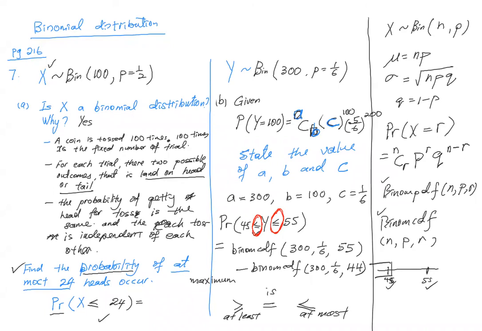Binom PDF or binom CDF? Binom CDF. Yes, binom CDF, you're right. So N, P, R. Because there is an equal, so it is included. So binom CDF is from 0 until that number.